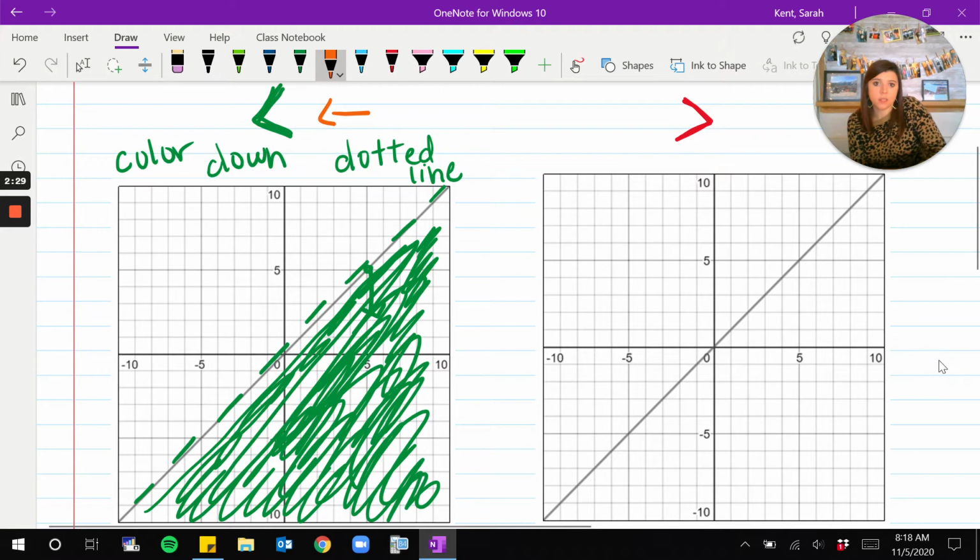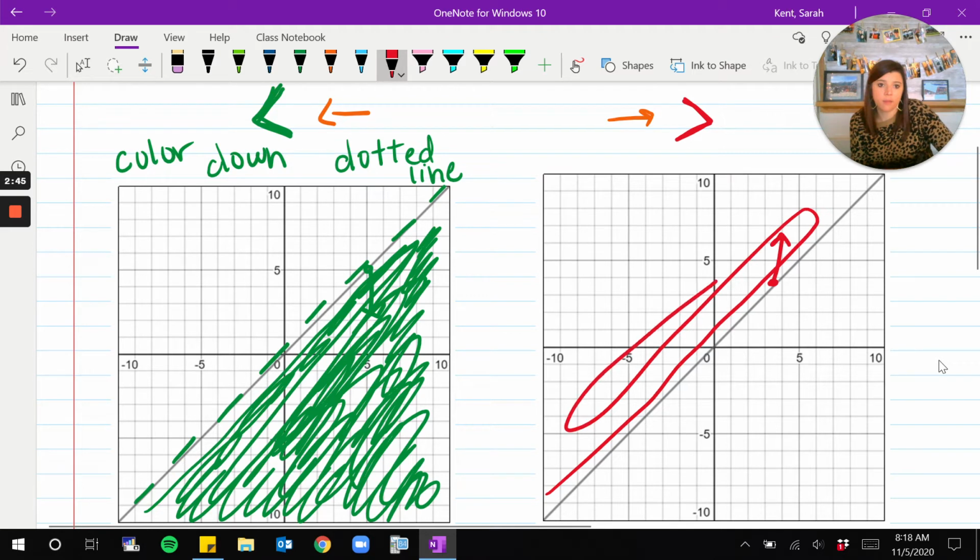so here this one looks like an arrow pointing up. So for a greater than, I'm going to pick any point on my graph again, and I'm going to color up from the line. So I'm going to color all of this.